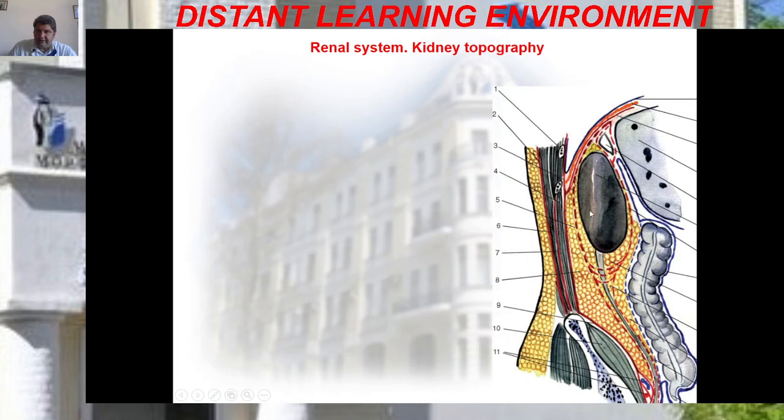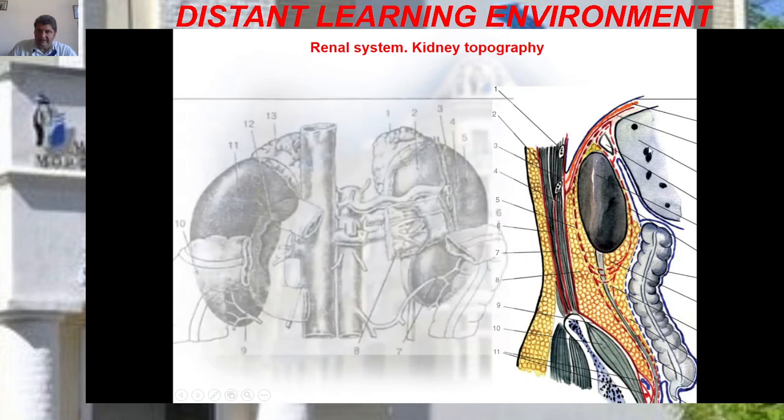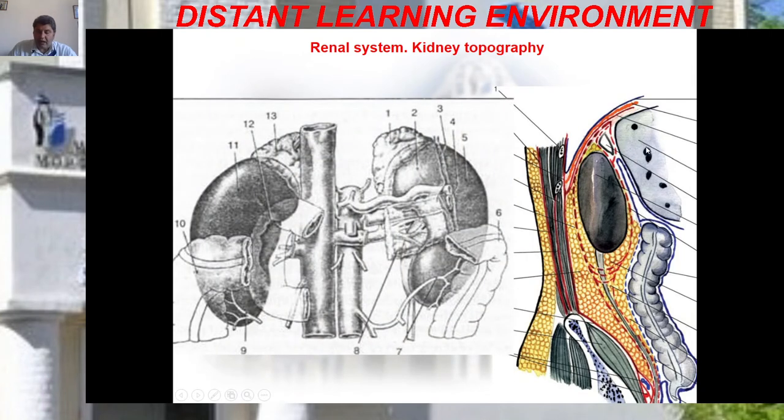You may see the right kidney and liver here. The upper end of the kidney reaches the level of the 11th rib. The lower end is 3, maybe 5 centimeters from the iliac crest.